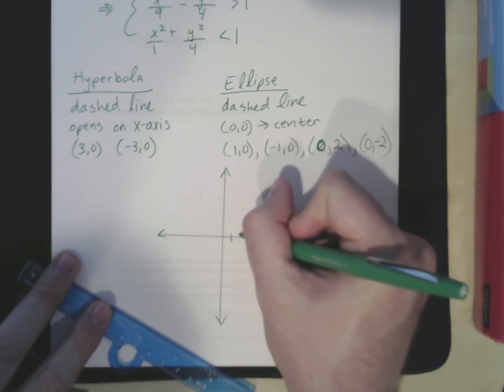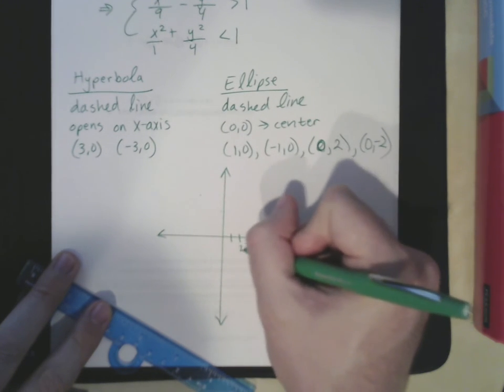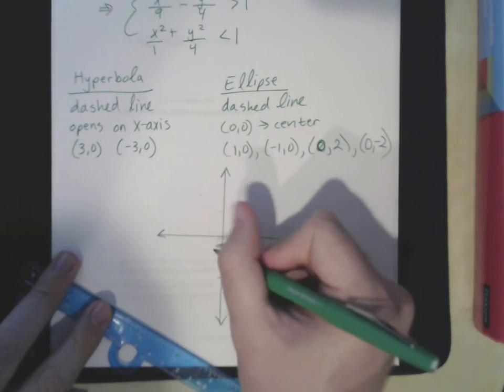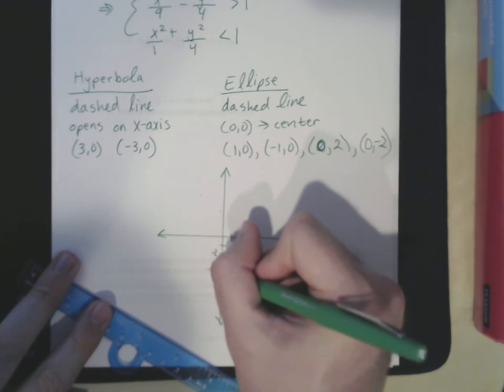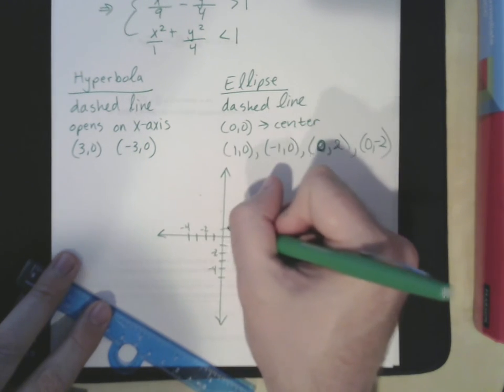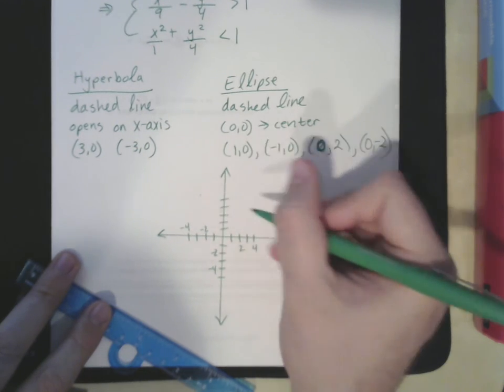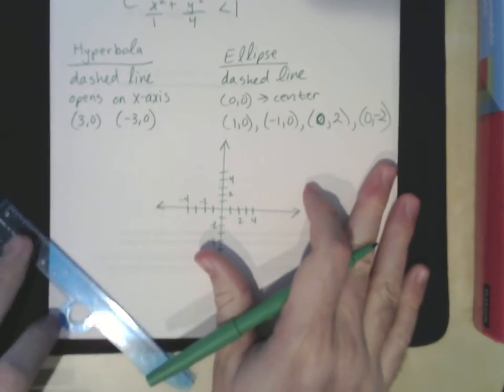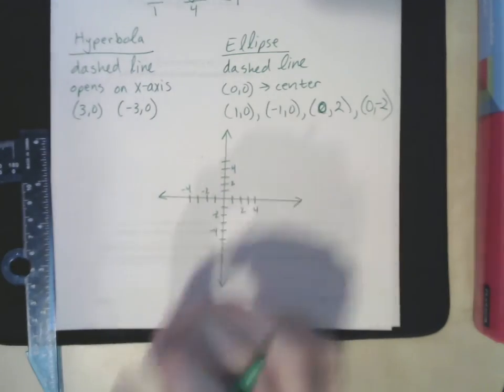So we need 1, 2, 3, we'll go to 4. We need 1, 2, 3, 4. We'll go to 5 just for fun. Negative 2, negative 4. 1, 2, 3, 4. We'll go to 5 here. So let's start with the ellipse just because.